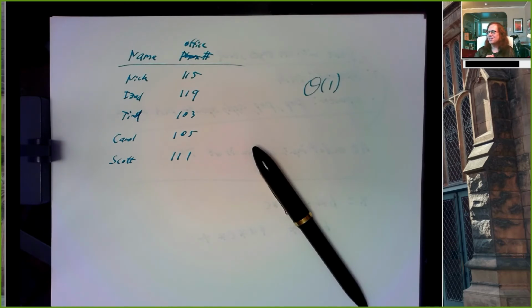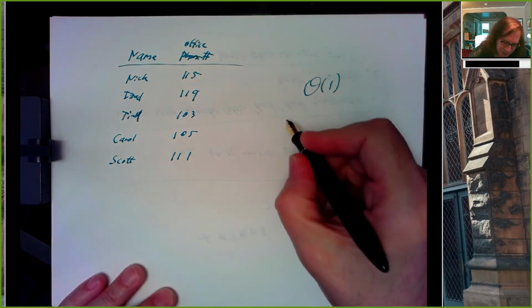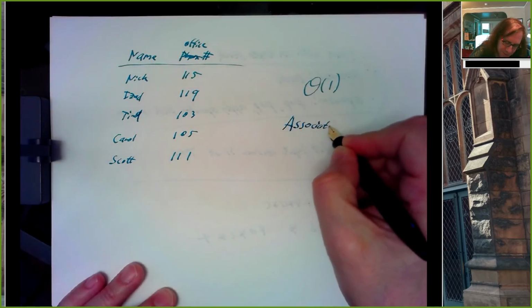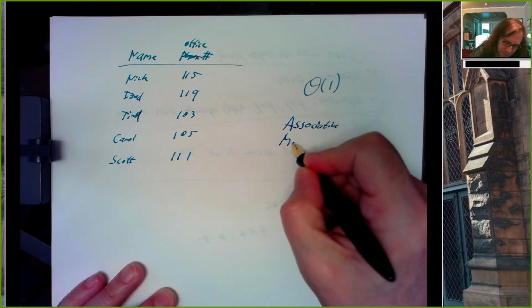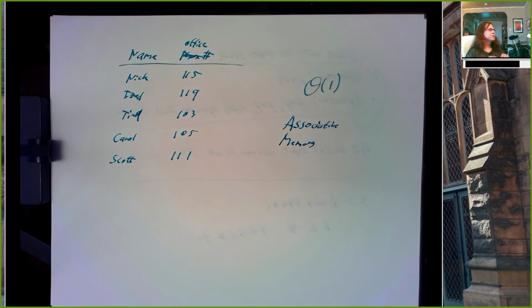And how did that smell get to this piece of data that was buried way down in the list? So the concept here is association. And a hash is an example of an associative memory.